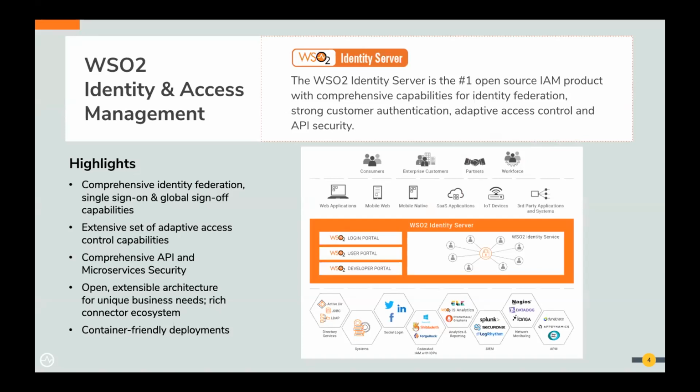So we have comprehensive capabilities around identity federation, strong customer authentication, adaptive access control, and API security. One of the key strengths of the WSO2 identity and access management product is its unique extensibility.